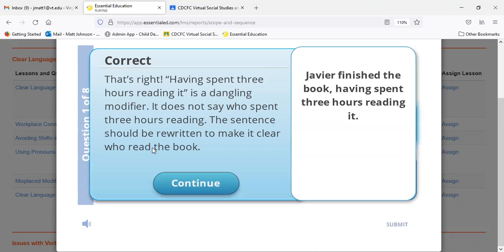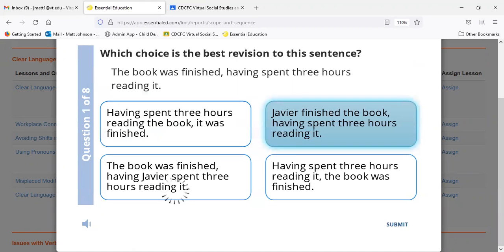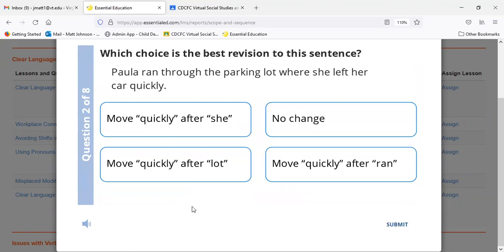So moving on. Revising this: when Paula ran through the parking lot where she left her car quickly. She's not leaving her car quickly. She's actually running through the parking lot.